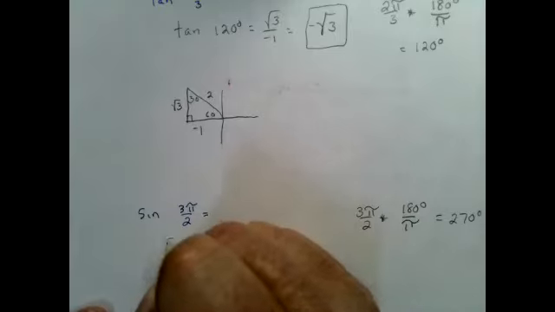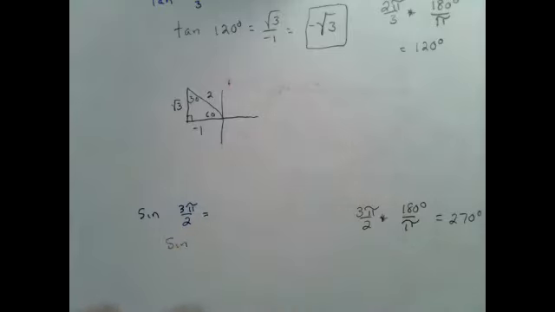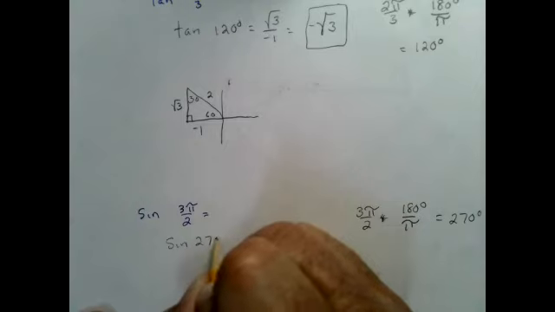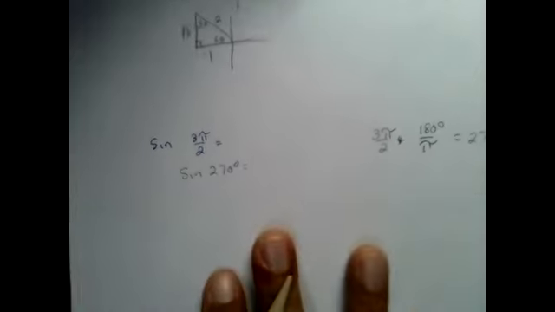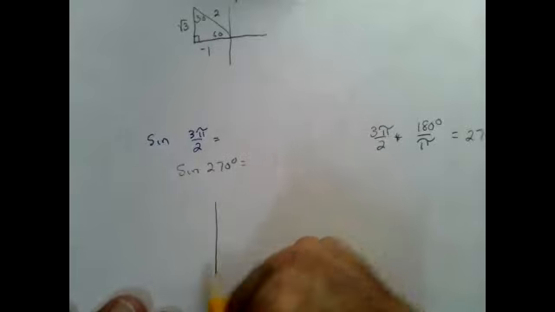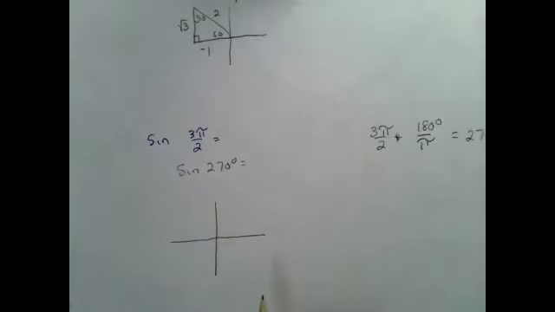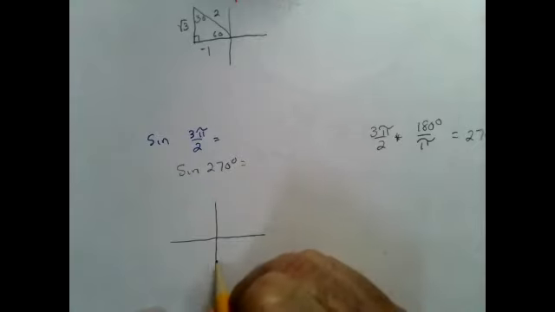So now my problem is going to be the sine of 270 degrees. Like before, I'm going to draw my reference angle, goes past 90, it goes past 180. In fact, it goes all the way down to 270 degrees.